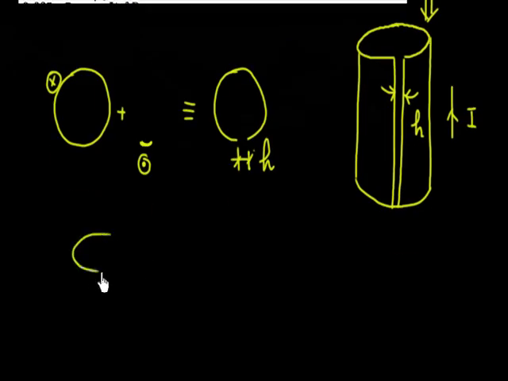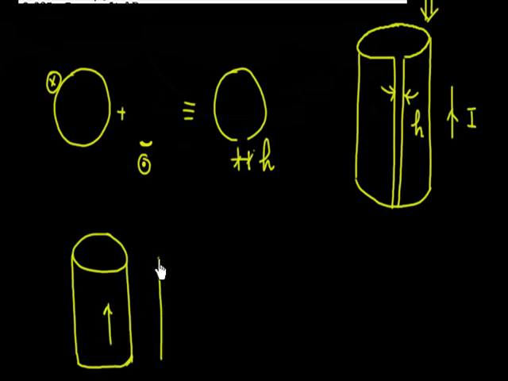So this system is equivalent to a cylinder that contains a current in this direction, and there is a wire that carries a current in the downward direction.